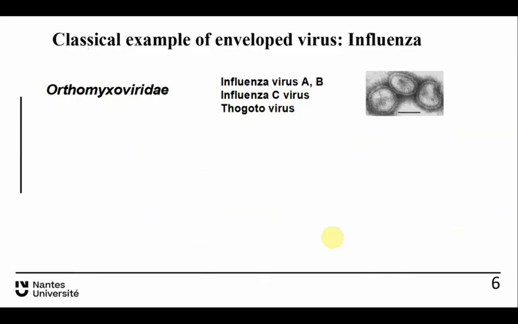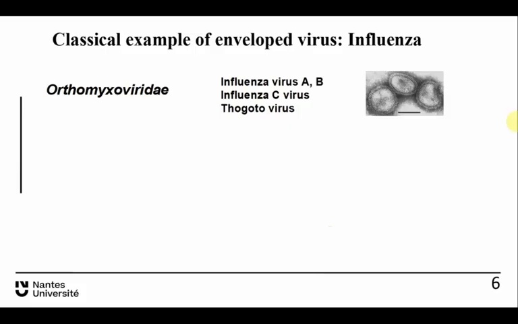Now, for the entry process, I'm going to talk about one big classical example for an enveloped virus, and then try to generalize what we saw to other enveloped viruses. Then I'll go on and give one example of a non-enveloped virus. The big classical example for enveloped viruses is influenza, which is part of the Orthomyxoviridae family.